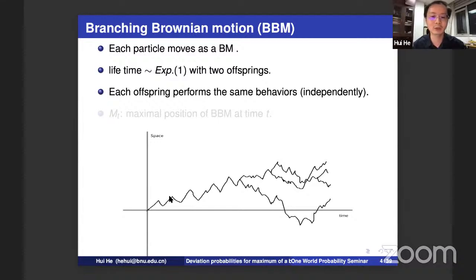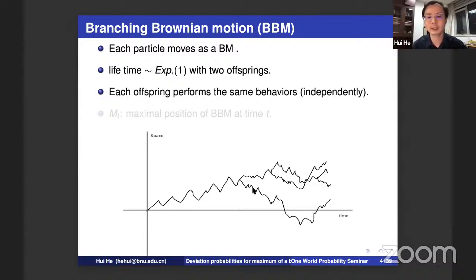And so at the very beginning, there's only 1 particle starting from the orange, and it moves as a Brownian motion, okay? So it seems to be not a Brownian motion, but you can imagine it's a Brownian motion. When the exponential clock rings, the particle dies out, and then there will be 2 offsprings left, and these 2 offsprings start from the place they were born and move as a Brownian motion, and each of them still has a random lifetime of exponential 1.